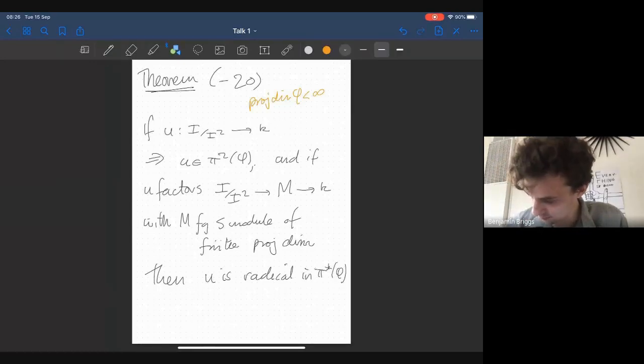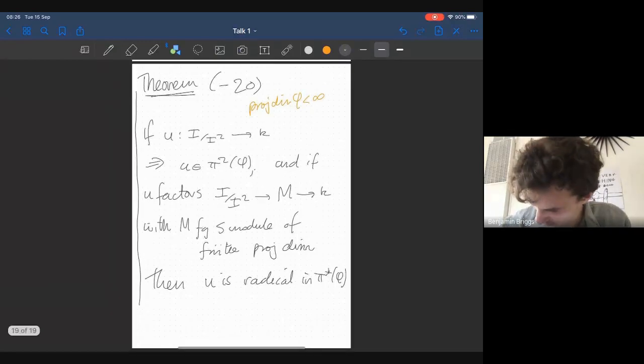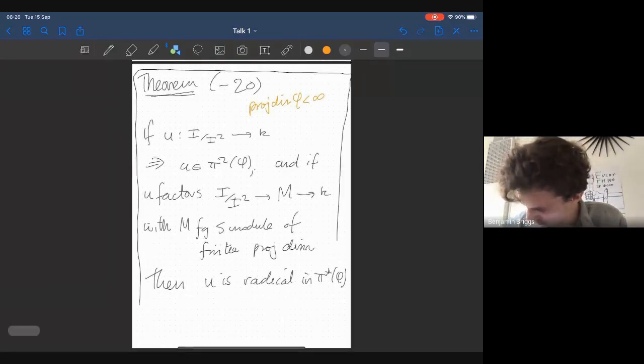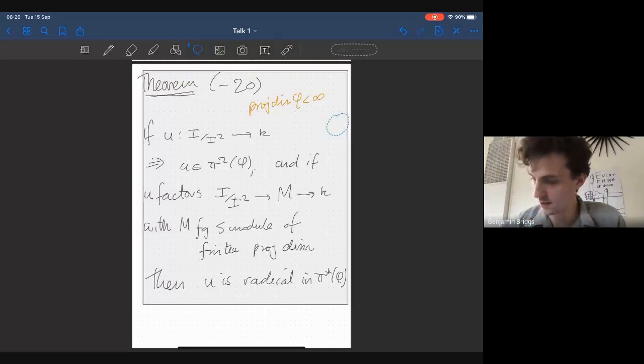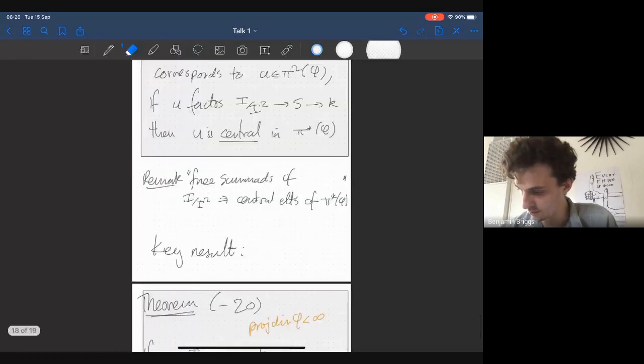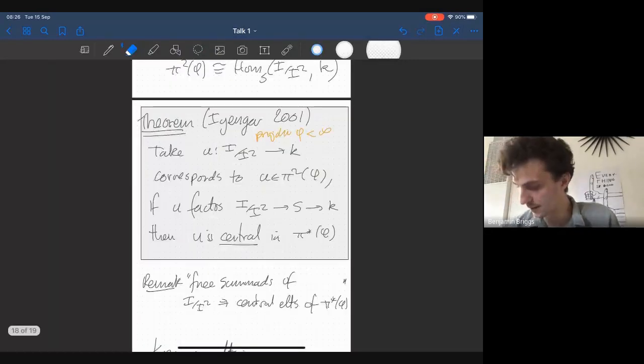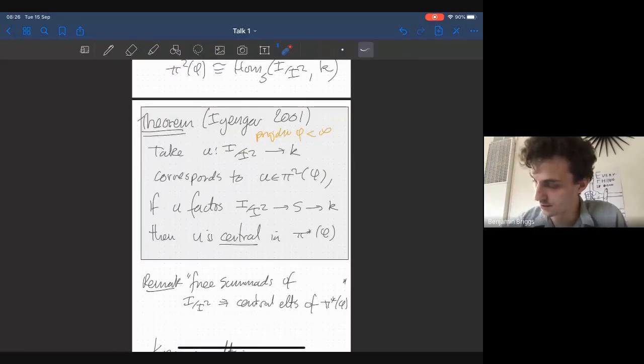So let's get another box. Not the best box. Okay, so I tried to put this in a way that looks similar to his result. What he does is give a criterion for when an element of the homotopy algebra is central.